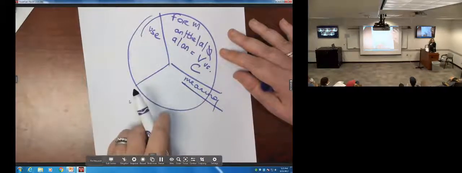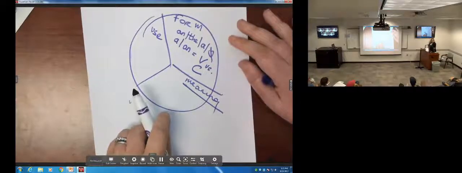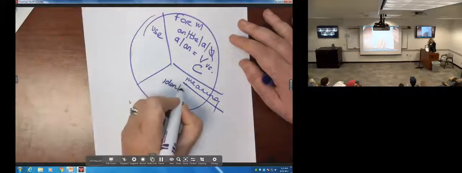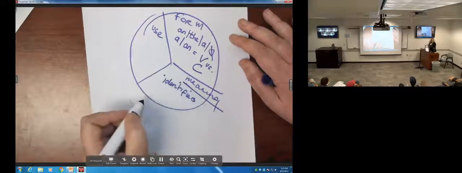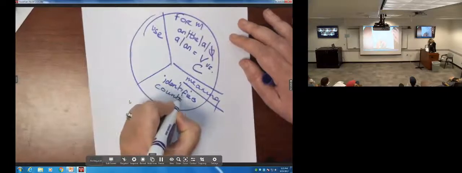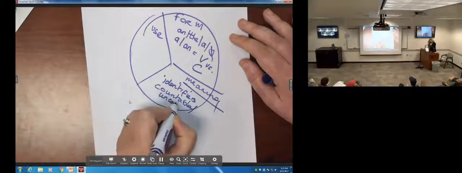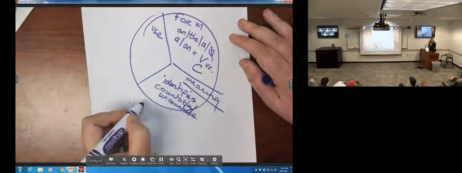So what's the meaning, in general terms, of these? They identify something? Okay, good. So they're identifiers, right? What else? Good, good. It tells you whether things are countable or uncountable. What else? What's the difference between a and the?